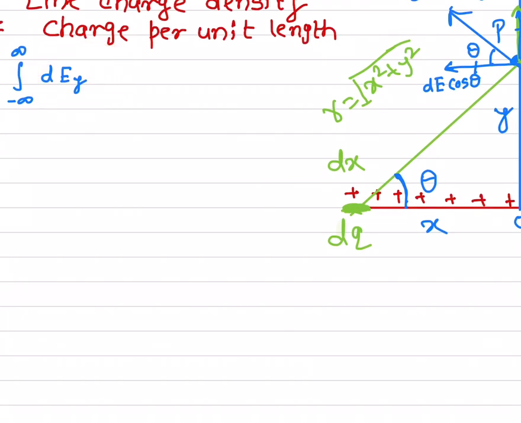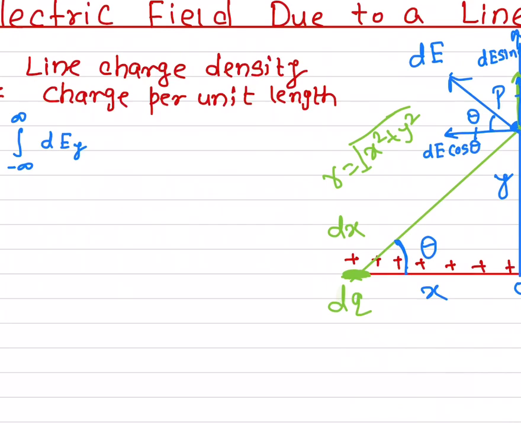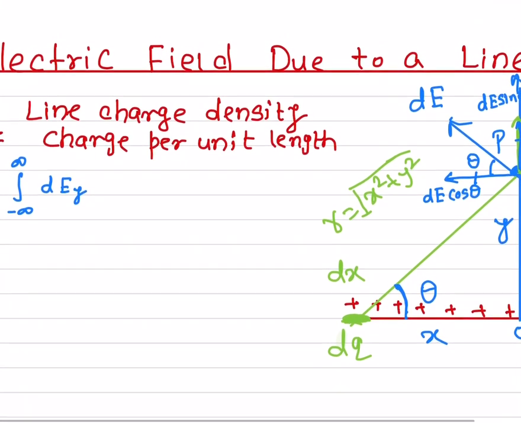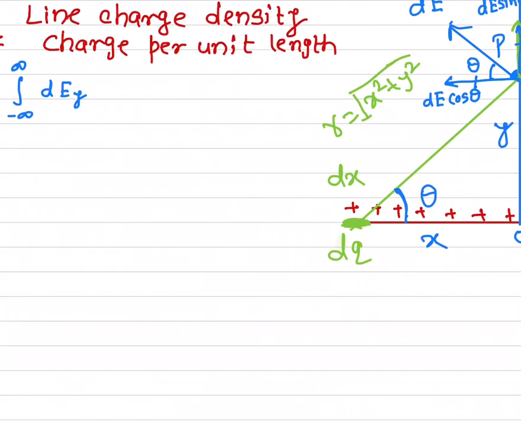This dEy means the electric field at point P due to one of the charges. Now let's first find out what is dE. What is the electric field at this point due to this charge?